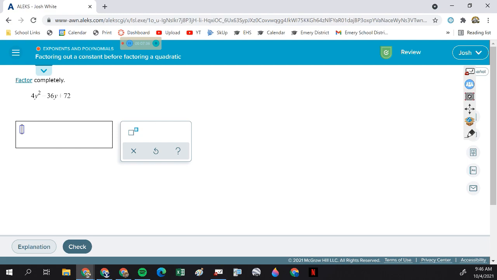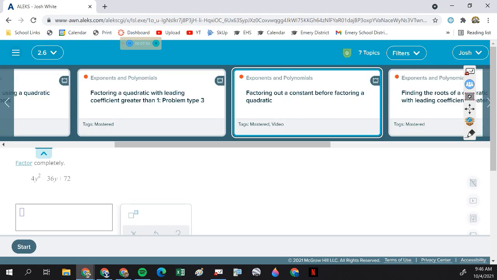Take out a 4. Do I need the 4? Is it asking me to factor, or is it asking me to find the x-intercepts? It says factor. When I factor, do I need to keep the 4? Yes. If you're finding the roots, then you don't.